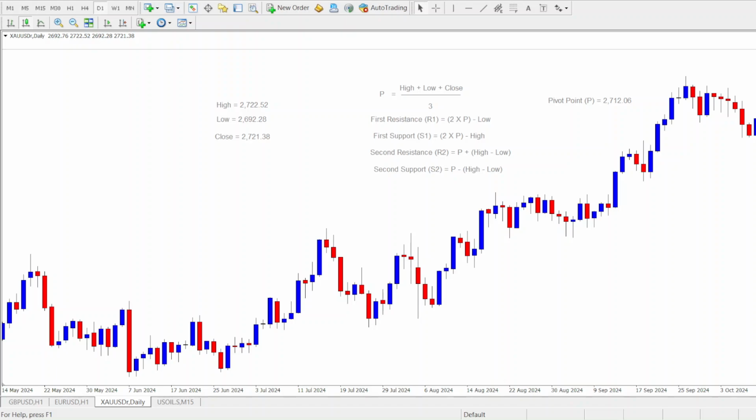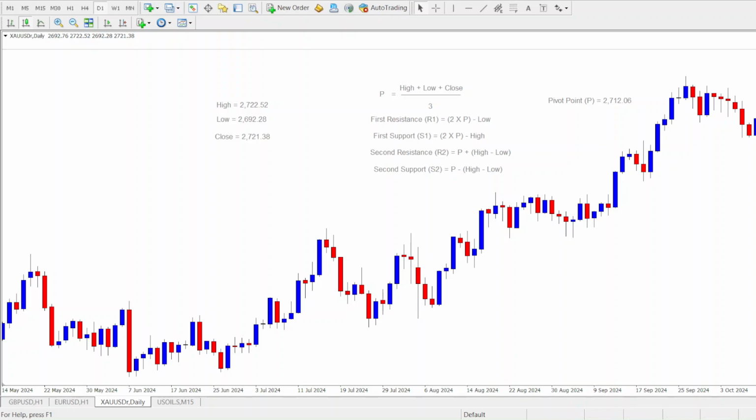So we have 2 multiplied by 2712.06 minus our low, which is 2692.28.